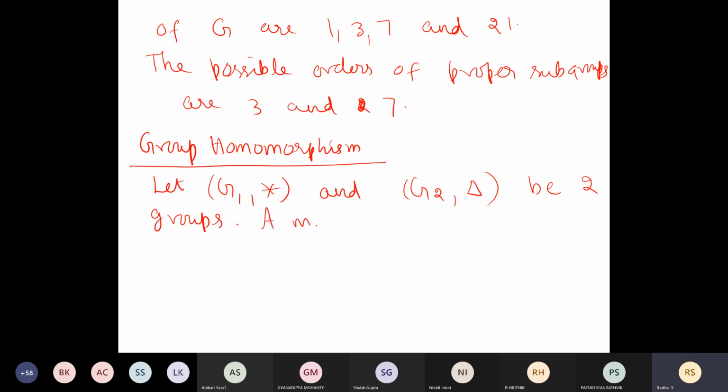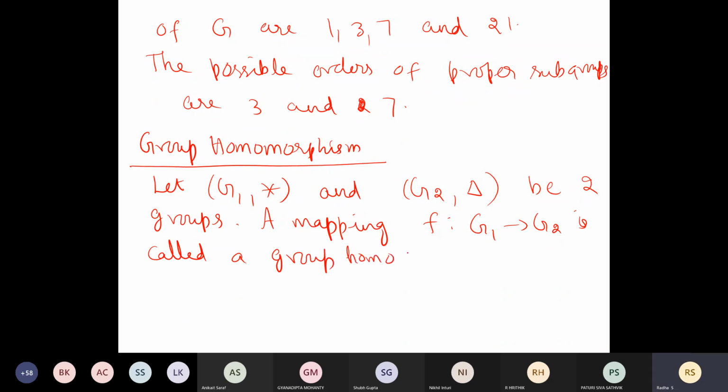A mapping f from G1 to G2 is called a group homomorphism if f(a star b) = f(a) delta f(b).